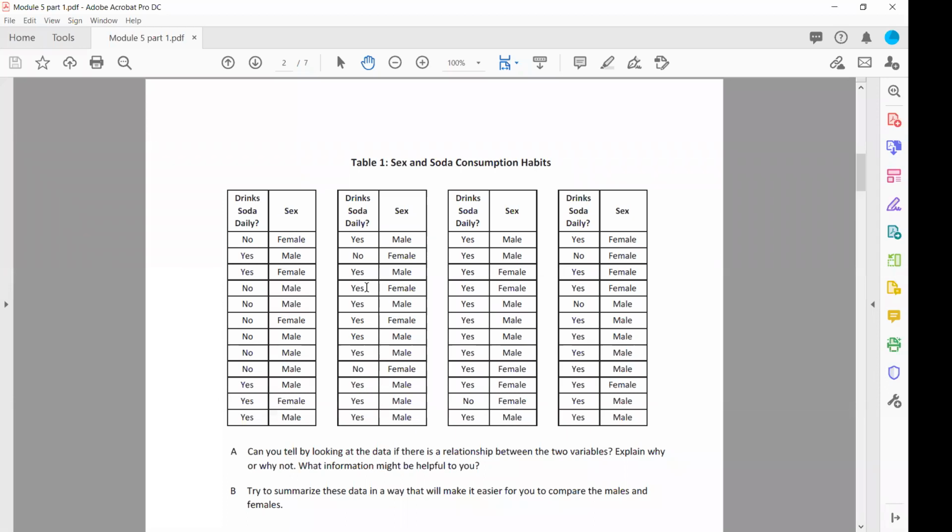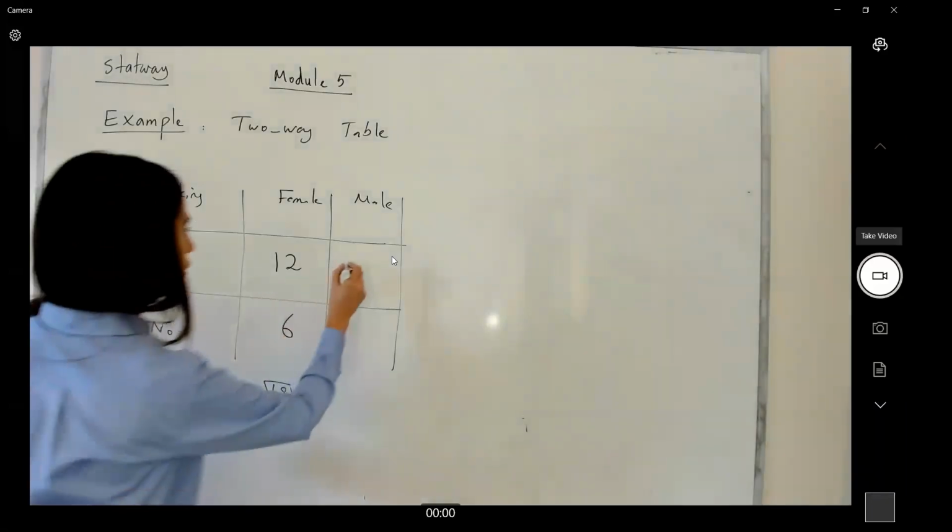So how many males are drinking soda on a daily basis? 1, 2, 3, 4, 5, 6, 7, 8, 9, 10, 11, 12, 13, 14, 15, 16, 17, 18, 19, 20, 21, 22, 23, and 24. 24.